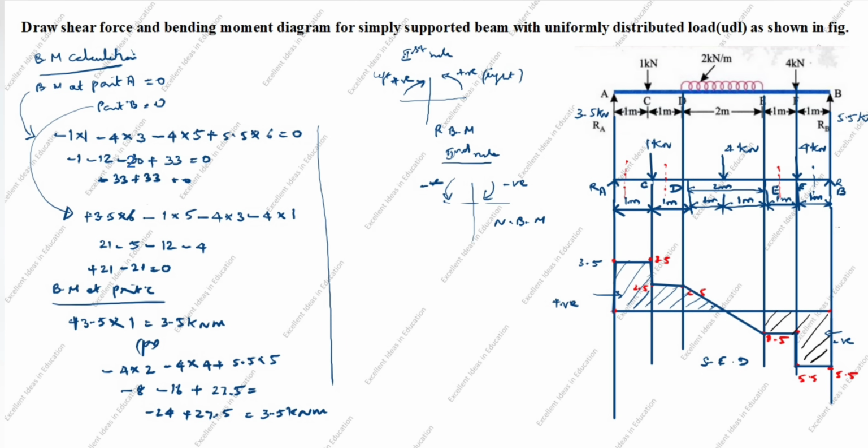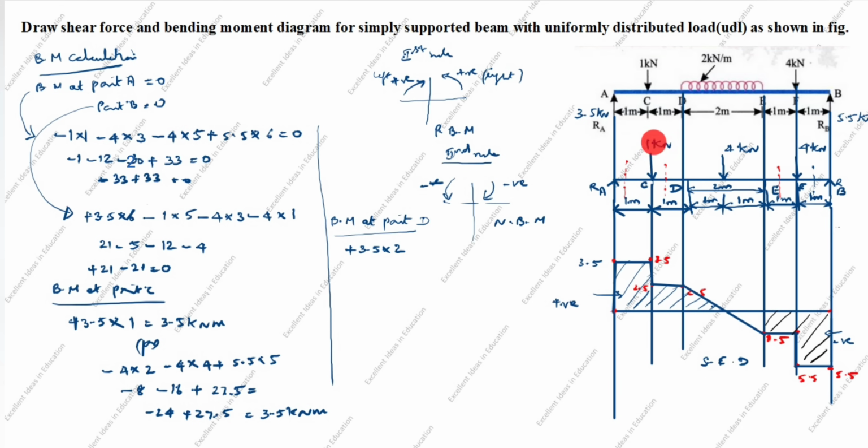Now we will calculate the bending moment at point D. You see the arrow goes this way from here to here. This is clockwise, and clockwise is positive. For the left side, 3.5 into the perpendicular distance up to D, which is 2.